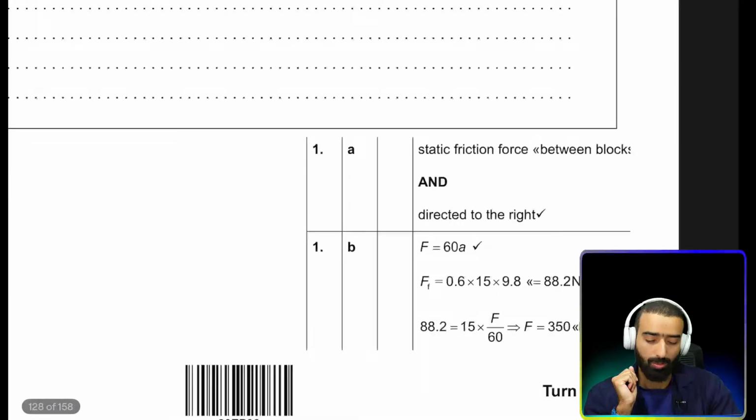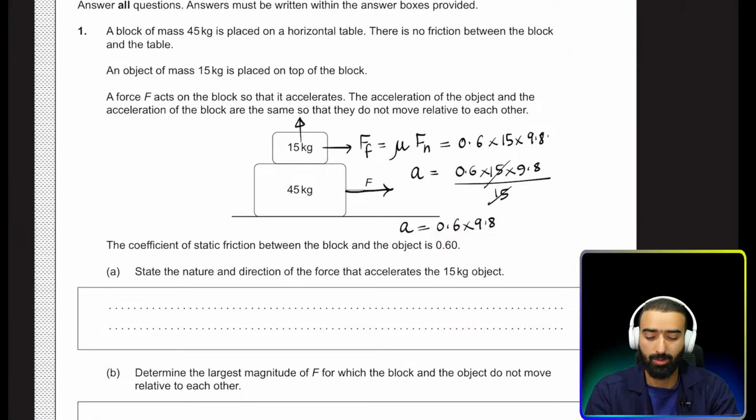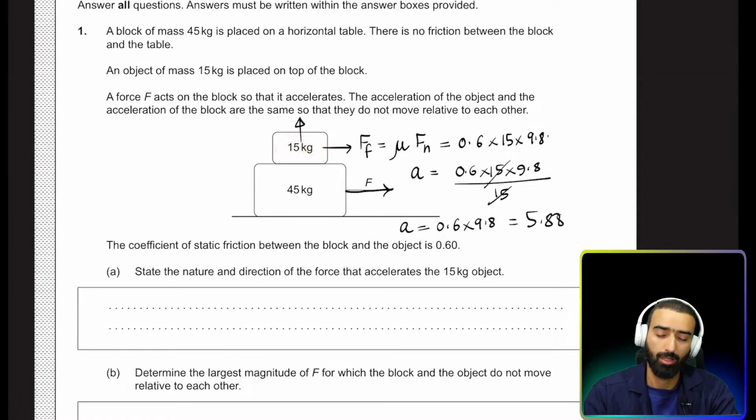Let's plug this into our calculator: 0.6 times 9.8 is 5.88. So that's the acceleration of this 15 kilogram block.